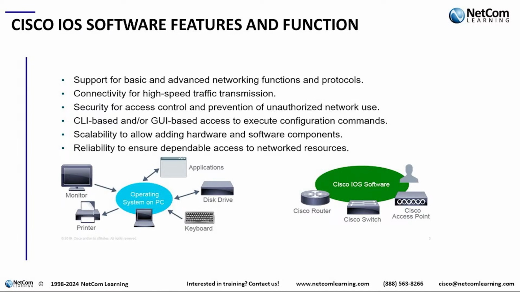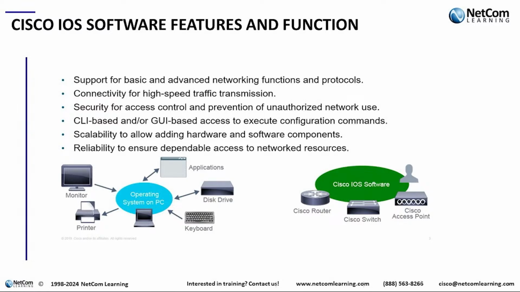Now, the IOS does a lot. It's responsible for carrying the network protocols. It's configured to connect between different data link layer technologies, to connect high-speed traffic between devices, to secure the network, to control unauthorized access, to provide scalability, and to keep the network stable and reliable.